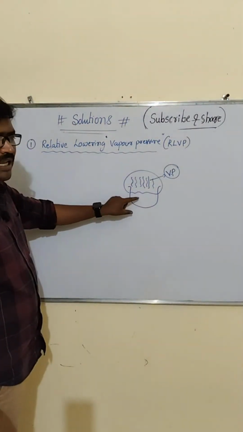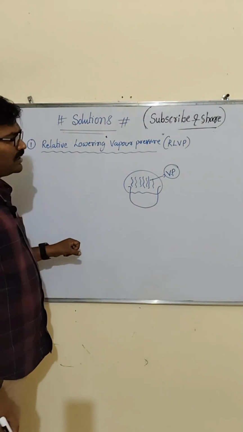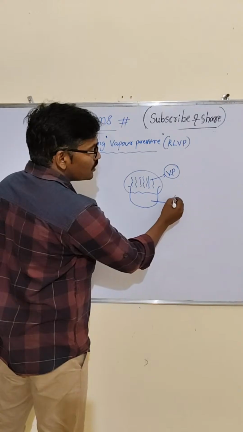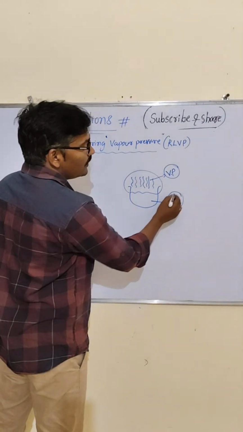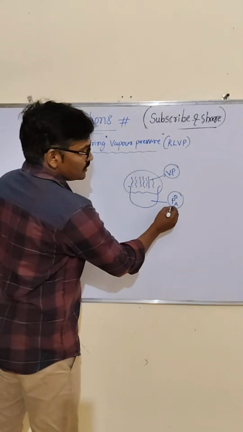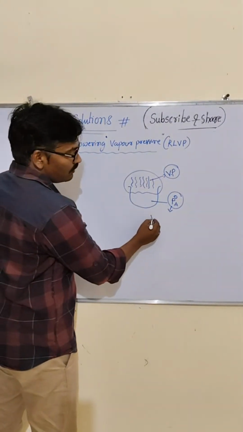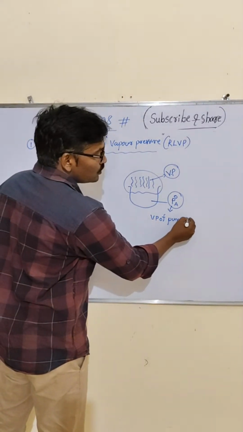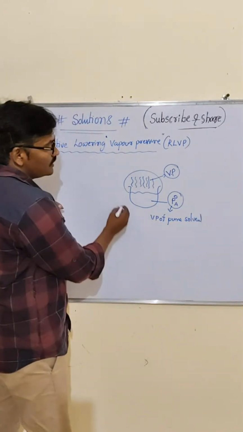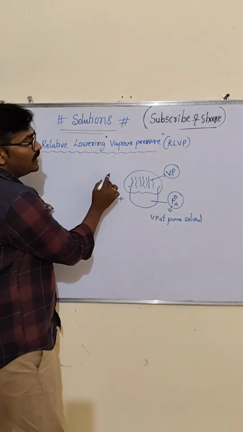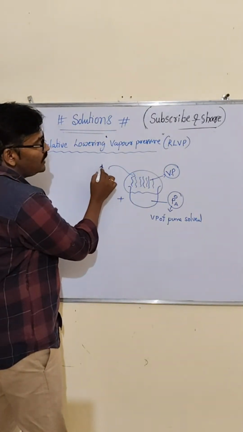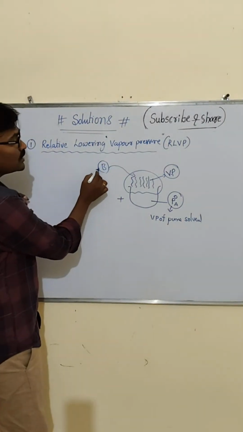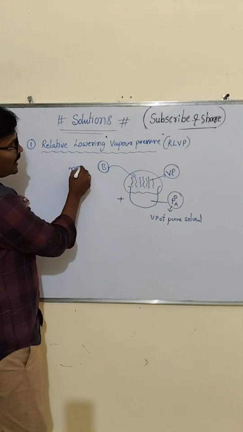In case a pure liquid is there, the vapor pressure of the pure solvent is represented as P naught A. So what is P naught A? The vapor pressure of the pure solvent. Now if you add a B solute to this solvent, assume it is a non-volatile solute.